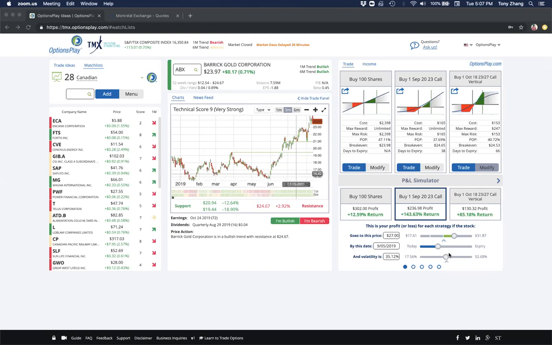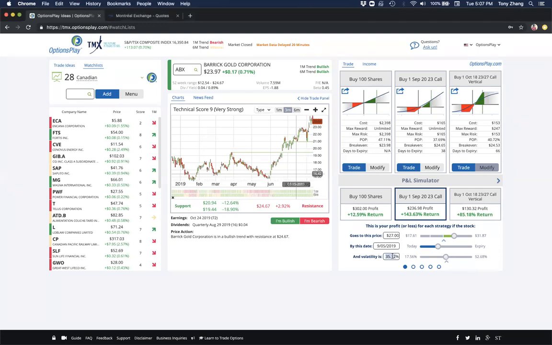And I will say, notice how vol currently on this trade is at 35, and this results in a $236 profit. Even if vol makes a massive move to the downside to, let's say, 27, and that's a big move in vol, notice how the dollar amount changes from 237 to 236 or so. So very small amounts. So even if volatility makes a big move, it doesn't have a big impact on your P&L.